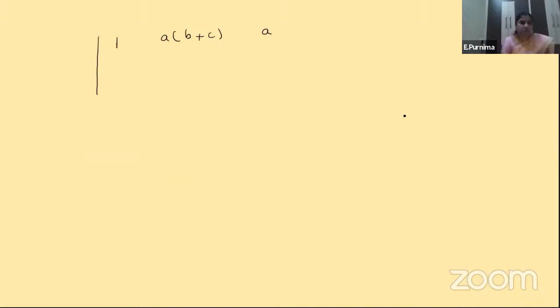From the second row we can take B minus A common, and from the third row we can take C minus B common. After taking common, what are you left with? We are left with C, and here B minus A, and here we are left with A. Here also C minus B. Is it clear?